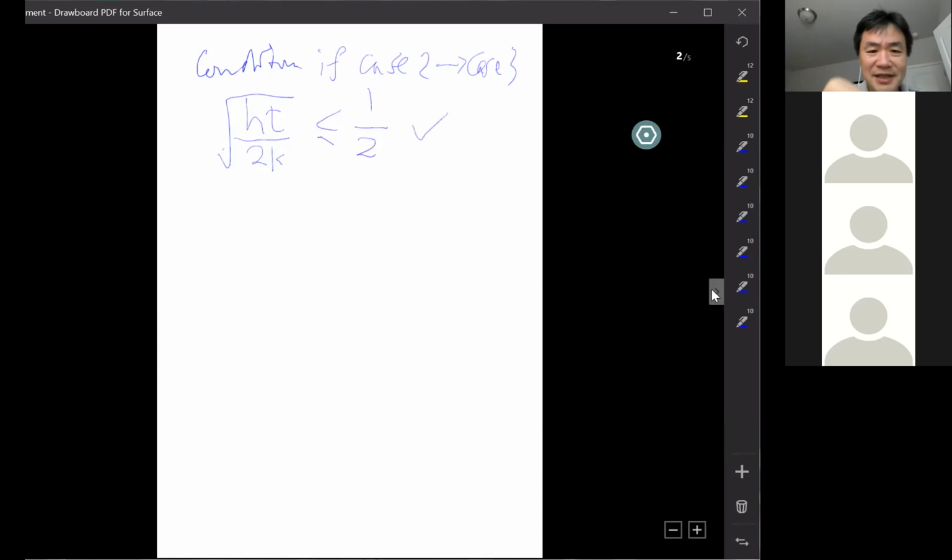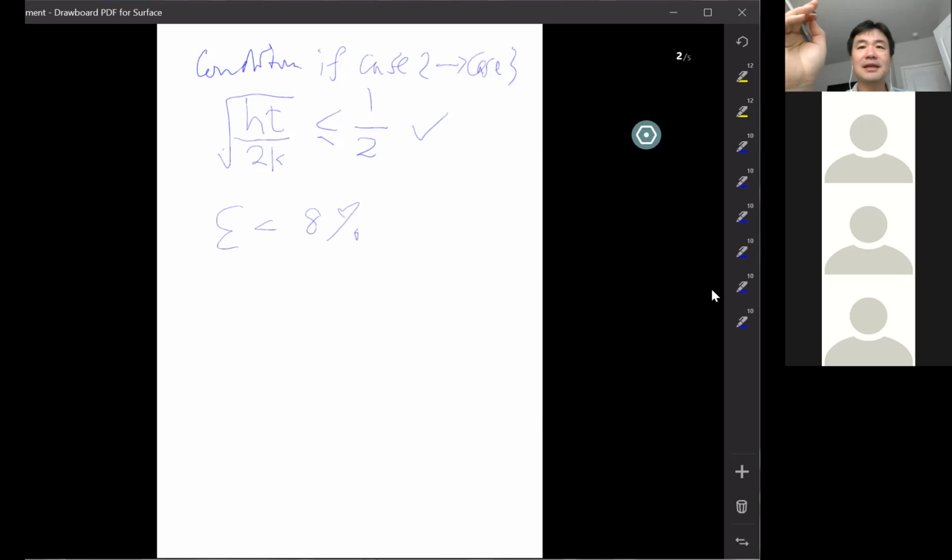This is the approximation, okay? And if this condition is satisfied, the error will be less than 8%.